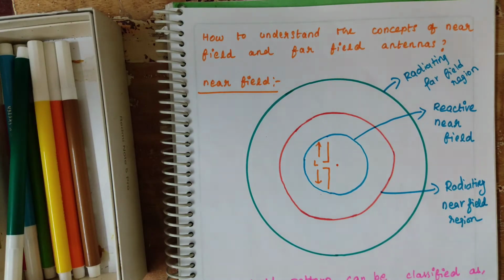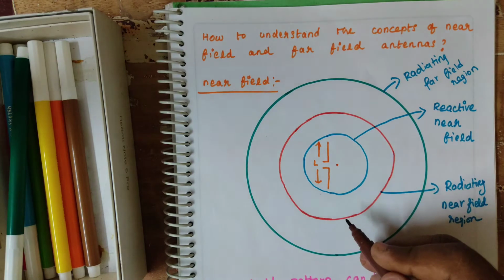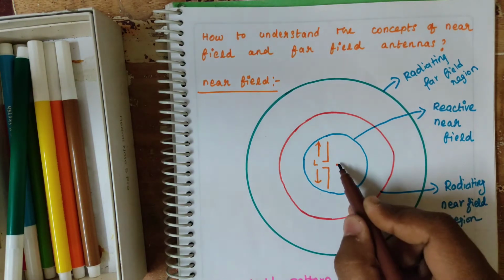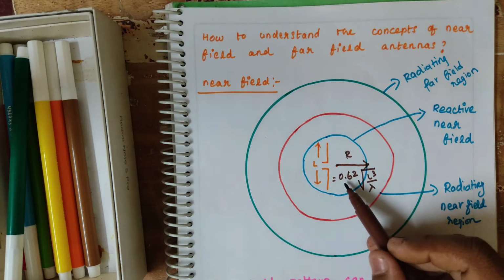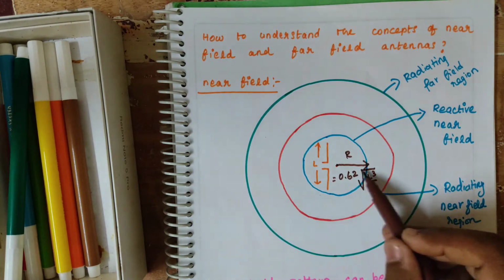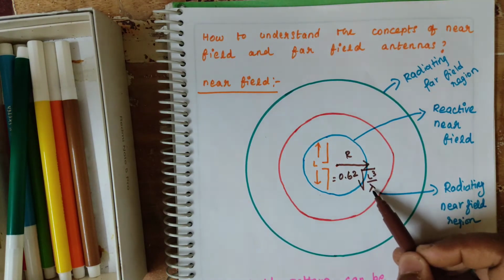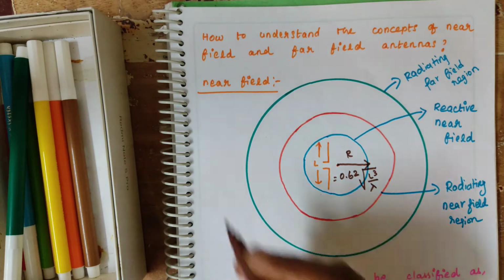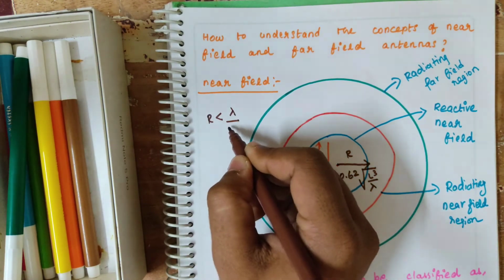For most antennas, the outer boundary of this region, calculated from the center, is 0.62 times the square root of L cubed by lambda. But for the short dipole antenna, the outer boundary is given as lambda by 2 pi.